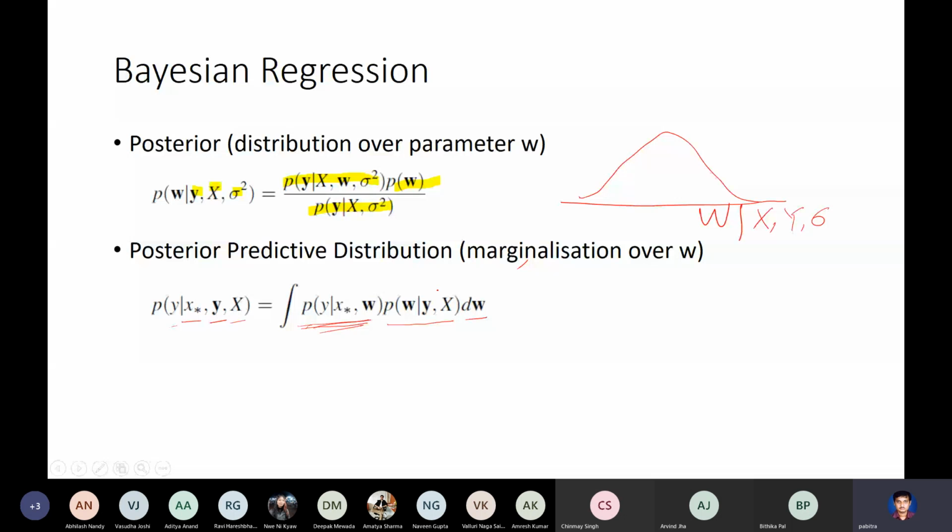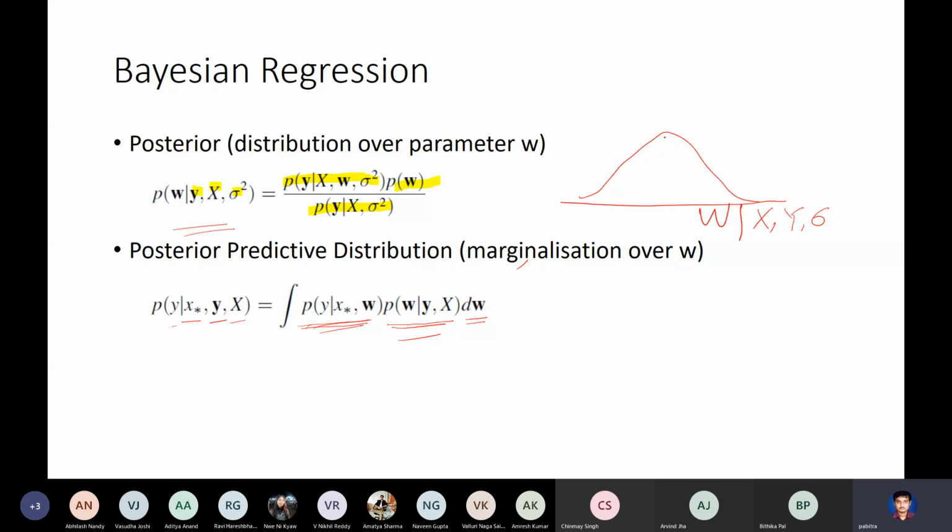And this posterior distribution I have already calculated. So I weight this by this, I take the expectation and integrate over all possible w.